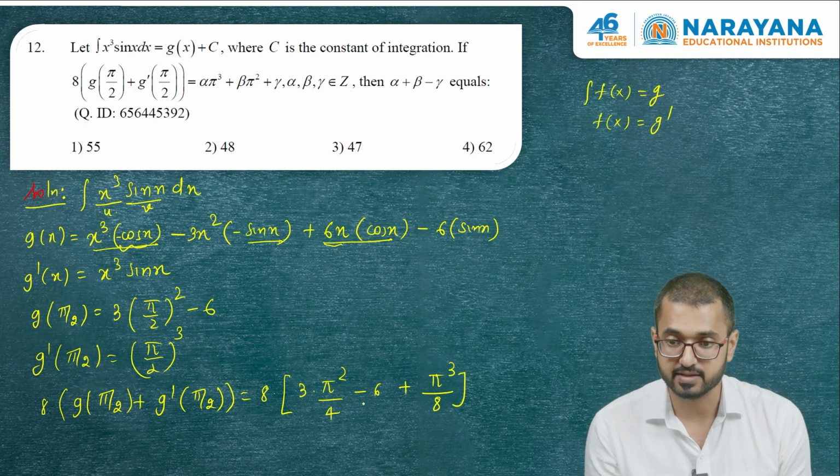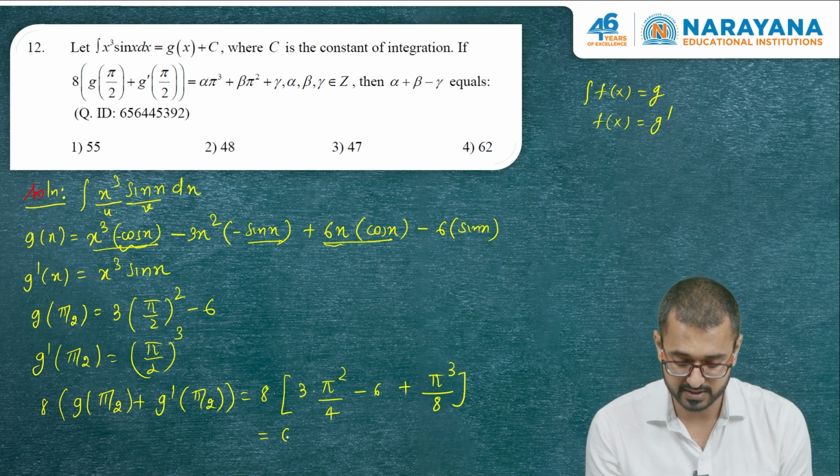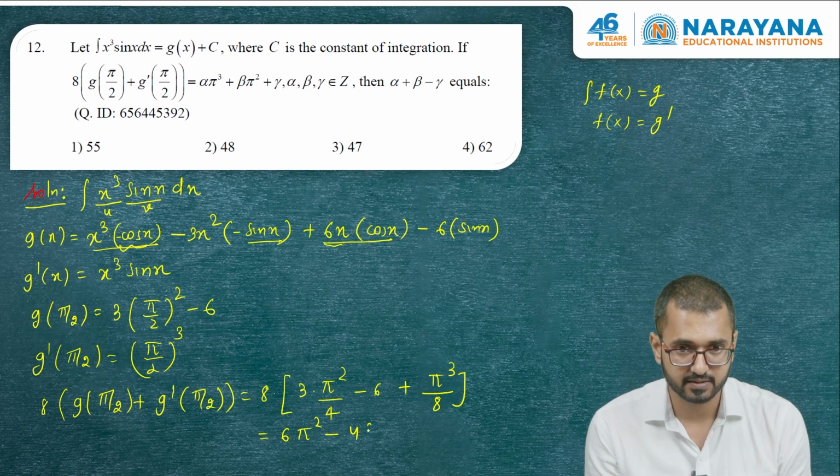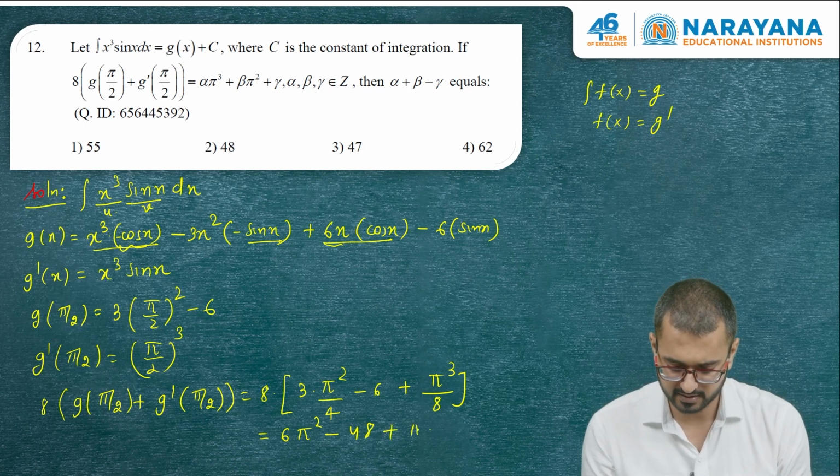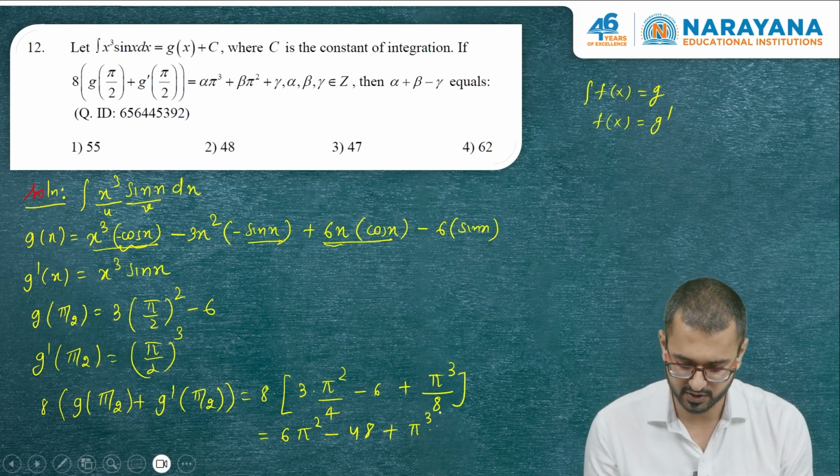So let us multiply 8 inside, and this would give me 4, 2's are cancelled, this will give me 8. So 2 into 3 is 6 pi square minus 48. So 8 gets cancelled. Pi cube is given, alpha pi cube is given, pi square is given, and then constant.